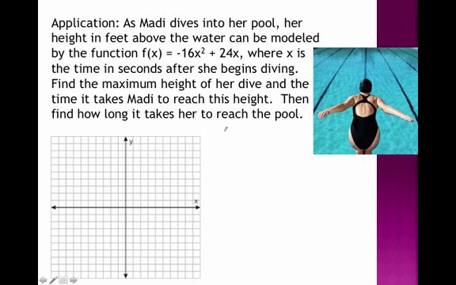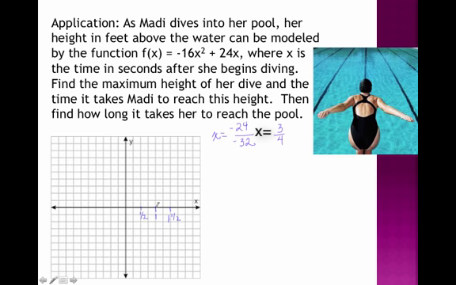Pull out your notes. I know that I've got an axis of symmetry of -b over 2a. So my axis of symmetry is at 3/4. So this is 1 1/2.